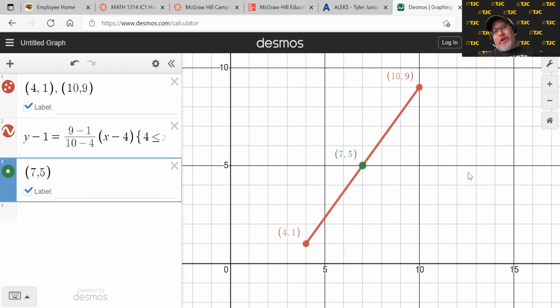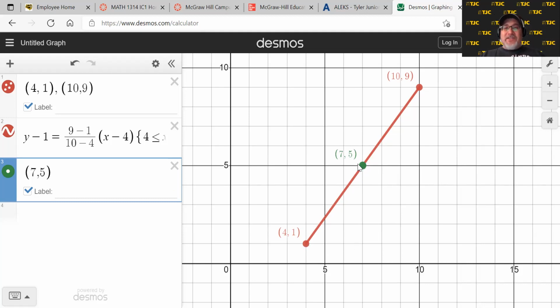So if the midpoint is truly in the midpoint, how far would it be from either end? Well, if the distance all the way across is 10 and the midpoint is in the middle, then it would stand to reason that the distance between either end and what we're claiming is the midpoint would be half of 10, which of course is 5.